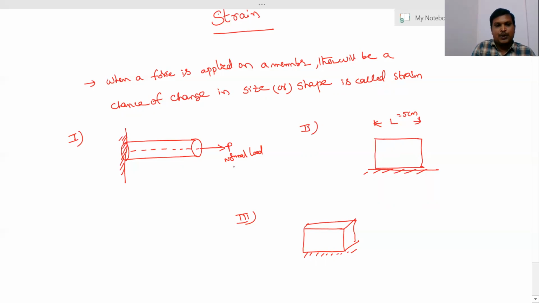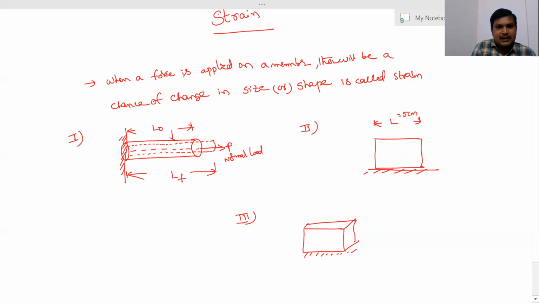This is a tensile load, pulling. So what happens? This bar expands like this, meaning the diameter decreases and the length increases. Initially this is the original length LO, then this is the final length LF.